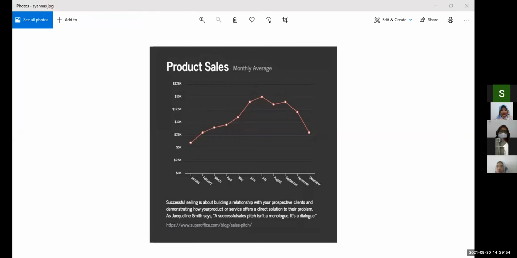Okay, let's take a look at the chart of the product sales. As you can see, from January until July it rose up, and then fell in August, and then stayed constant in September, and then fell until December.